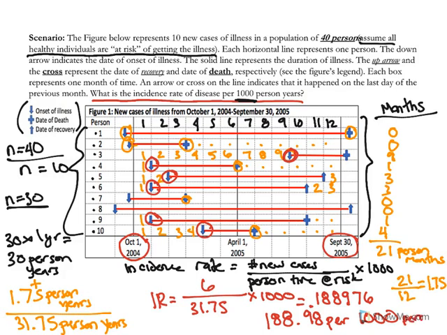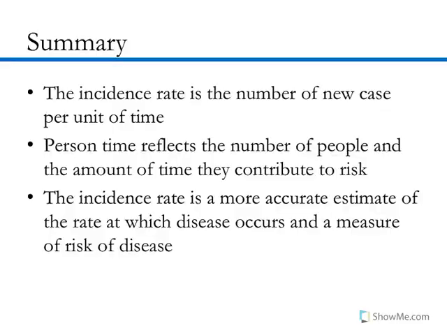So I'm going to write person years here. And so our incidence rate is the number of new cases per unit time. So essentially, how many people do we have that we're following up during this time period? And that person time reflects the number of people and the amount of time they contribute to risk.